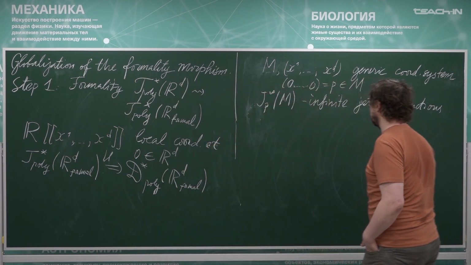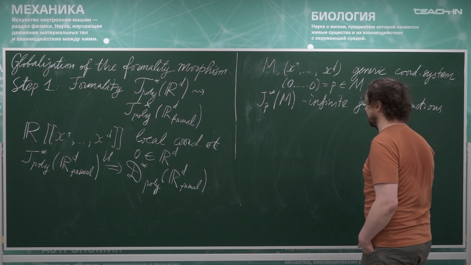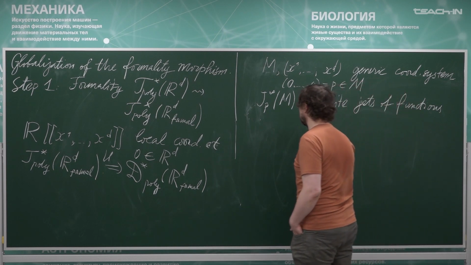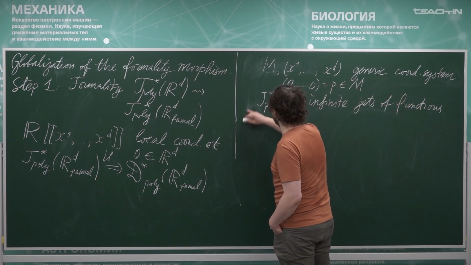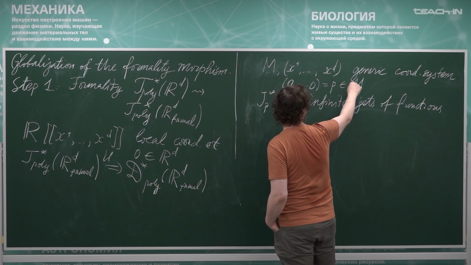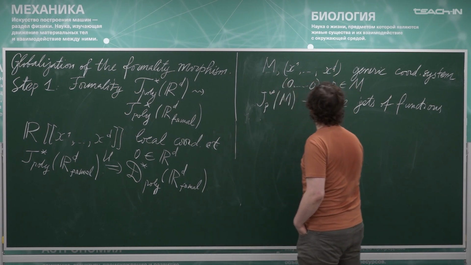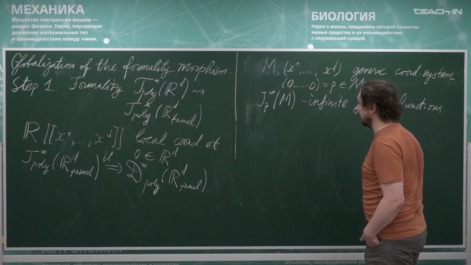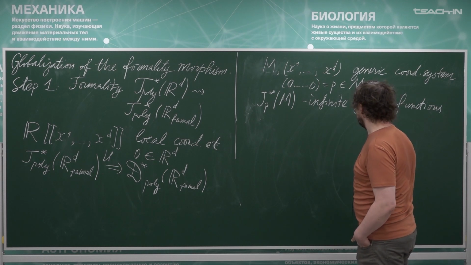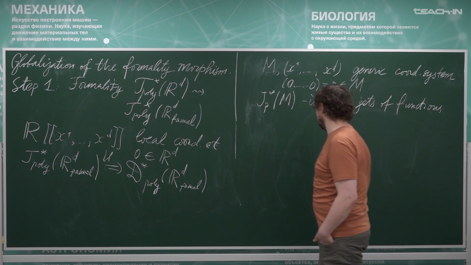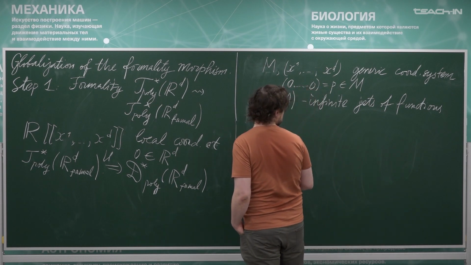I'm not going to speak about the jet bundle, so if you are familiar with this concept, then it's okay. If not, you can just imagine that you have local coordinates and you have formal power series at the origin, localized at the origin of this local coordinate system.